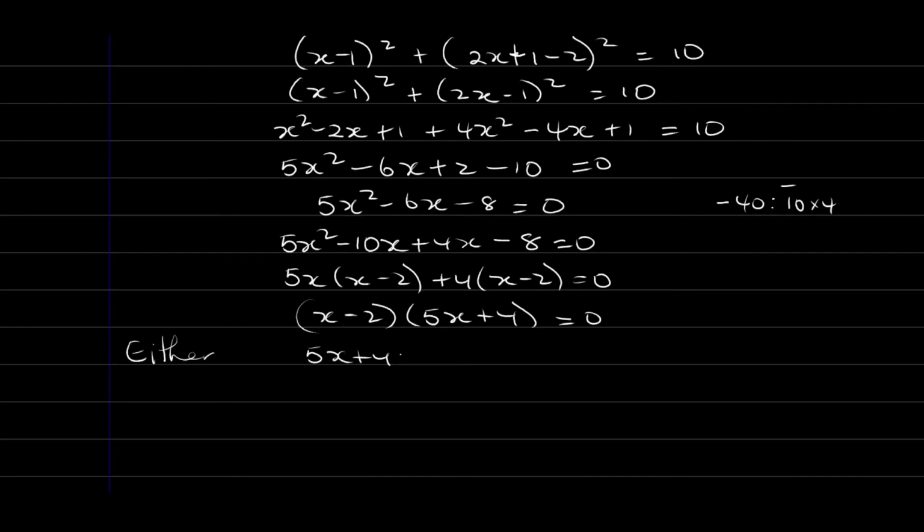So either 5x plus 4 is equal to 0, or we have x minus 2 is equal to 0. x is equal to negative 4 over 5, and x is equal to 2.